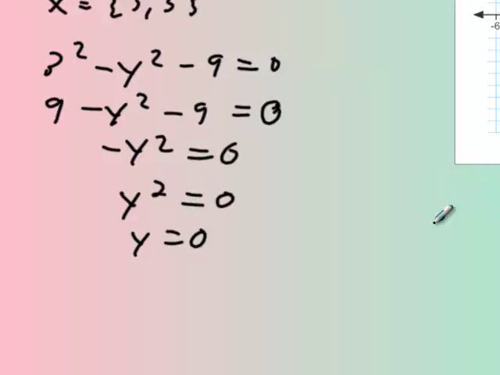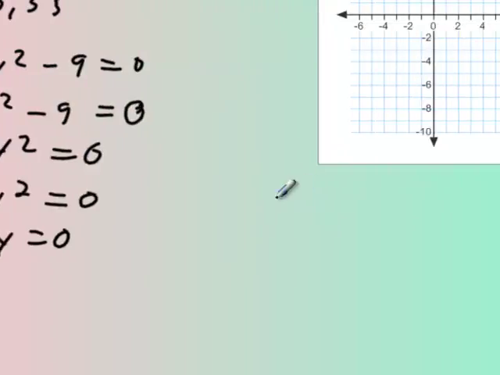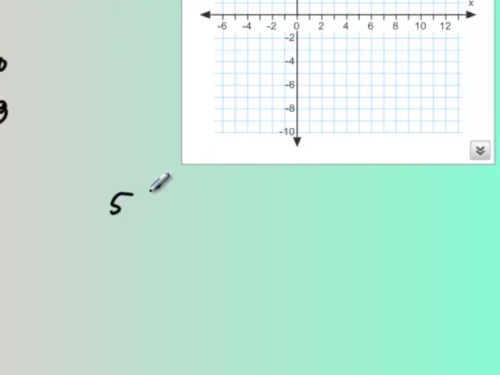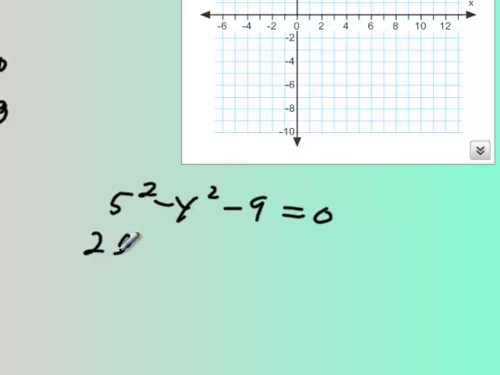And then we'll do this again with a 5. So I'll have 5 squared minus y squared minus 9 equals 0, which evaluates to 25 minus y squared minus 9 equals 0.